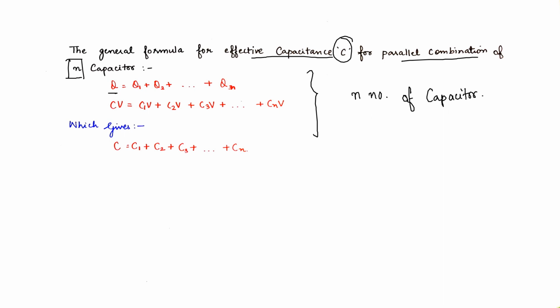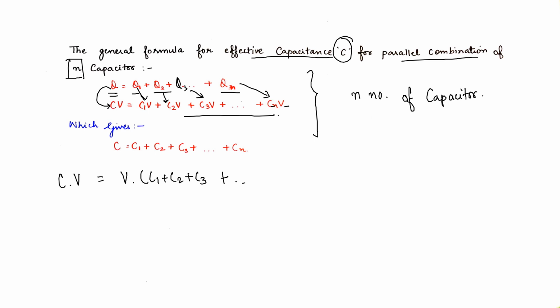So Q equals Q1, Q2 plus Qn, and for Q it is CV, for Q1 it is C1V, for Q2 it is C2V, for Q3 it is C3V, for Qn it is CnV. So we are adding up all. Here the common factor comes to be C dot V equals V dot C1 plus C2 plus C3 up to Cn.